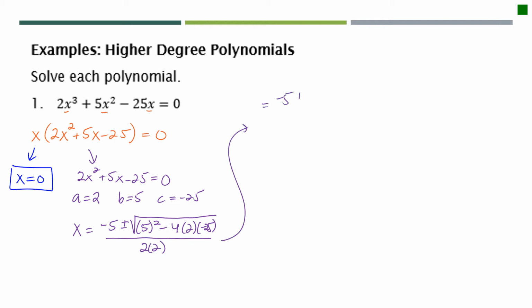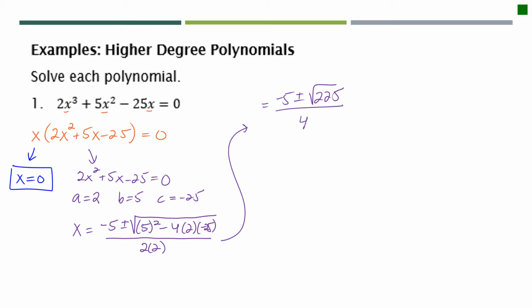So I have negative 5 plus or minus the square root. And when you do all of this, those numbers under the radical, you end up with 65 as your number under the radical. Sorry, not 65, 225. And then that's all over 4.